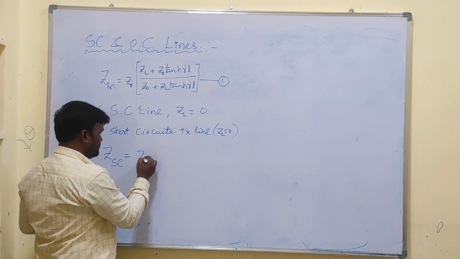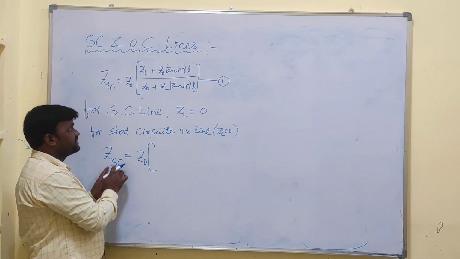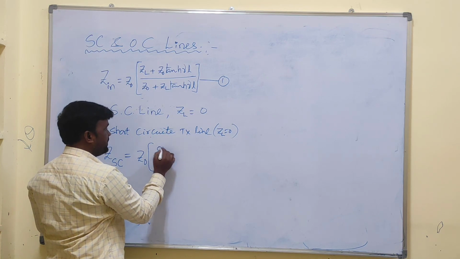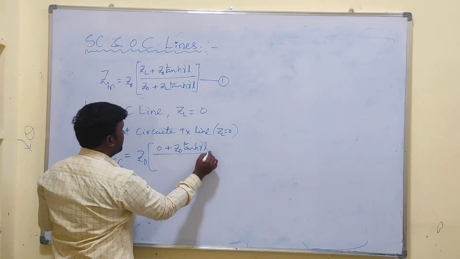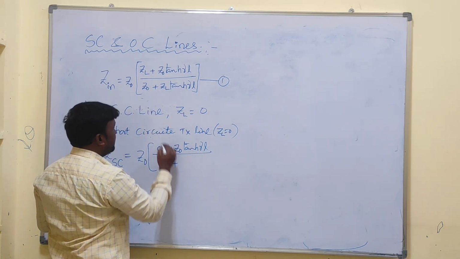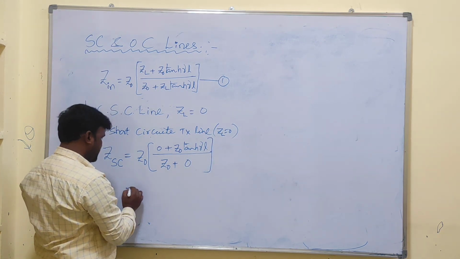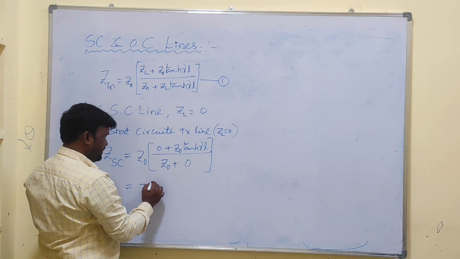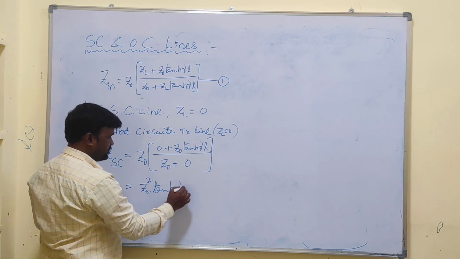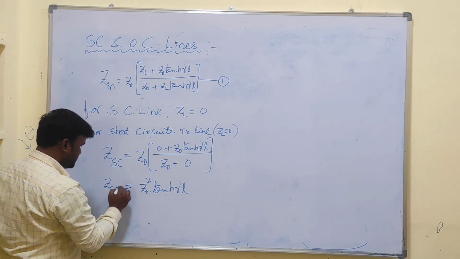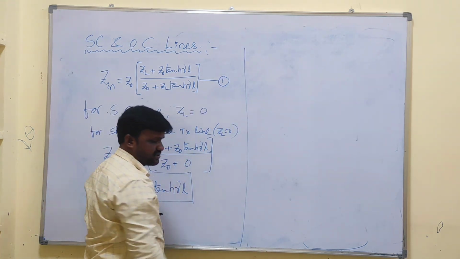ZSC equal to Z0 into (ZL equal to 0) so Z0 tanh γL divided by Z0, with ZL equal to 0. Now we will get Z0 squared tanh γL. So this is the input impedance of the short circuited line.